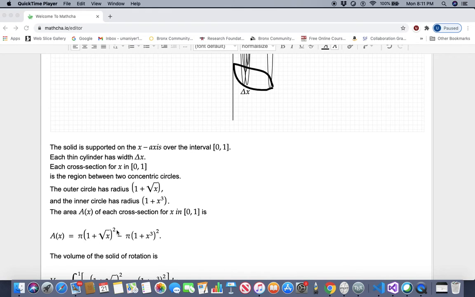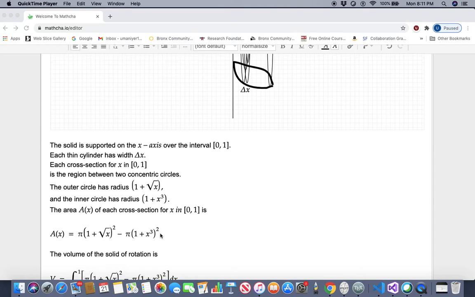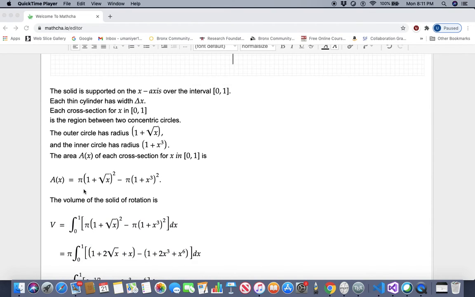Pi radius squared minus pi inner radius squared. So the volume of the solid is the integral from 0 to 1 of the area of the outer minus the area of the inner, dx.